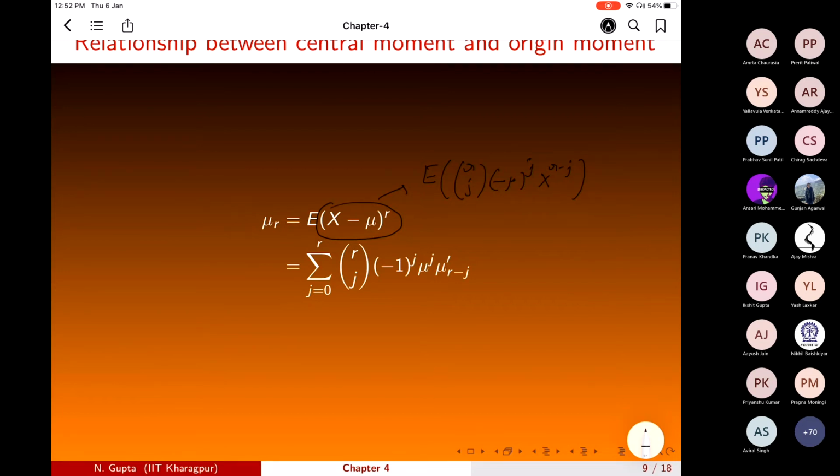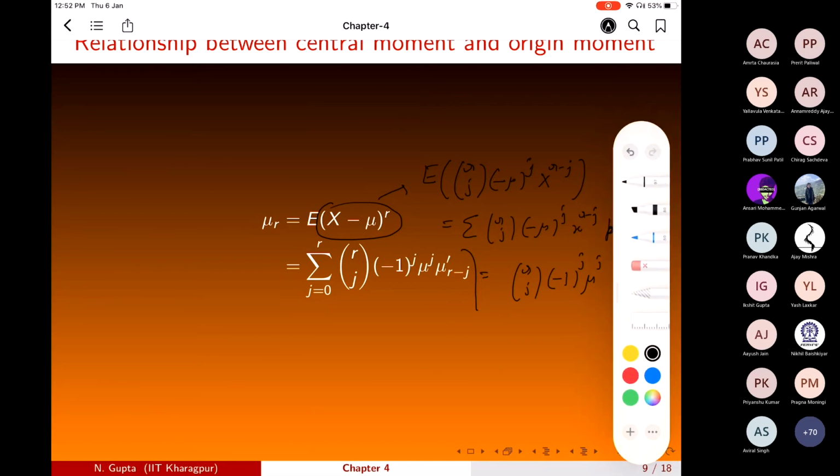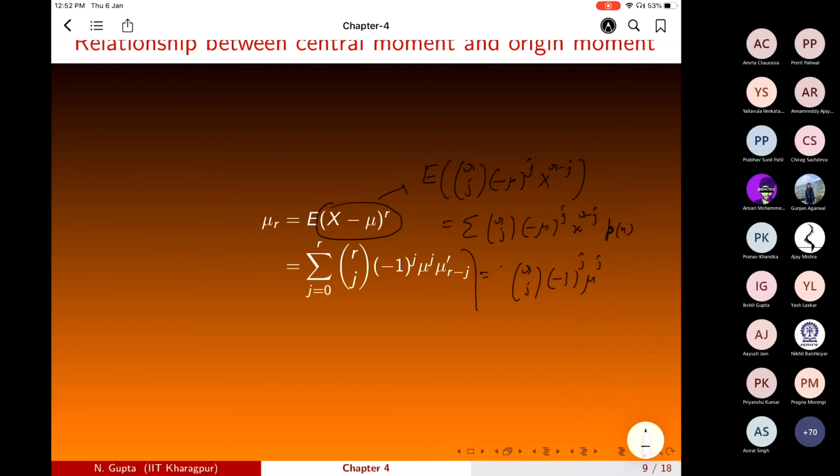This will be the expectation of that. Now, because this is a summation or integration, if I take x as discrete type, this will be the summation of rCj, (minus 1) raised to power j, mu raised to power j, into the summation over x of x raised to power r minus j into the corresponding probability mass function. This summation I can take inside.